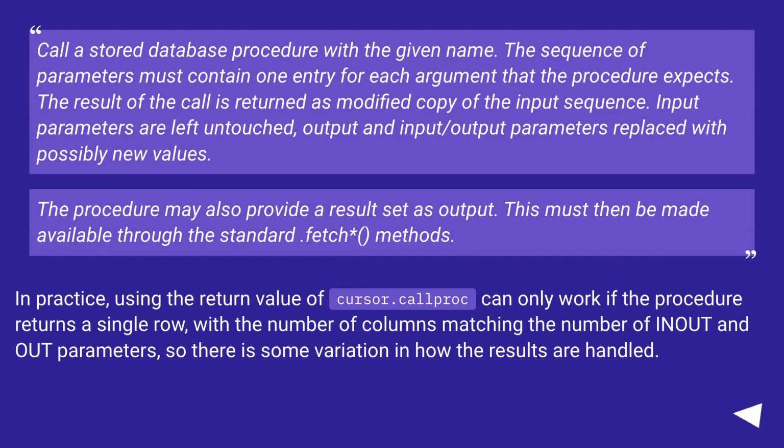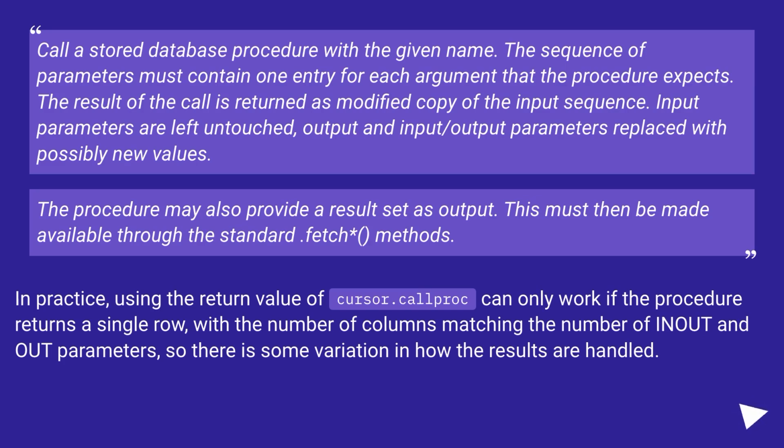Call a stored database procedure with the given name. The sequence of parameters must contain one entry for each argument that the procedure expects. The result of the call is returned as a modified copy of the input sequence. Input parameters are left untouched, output and input/output parameters are replaced with possibly new values.